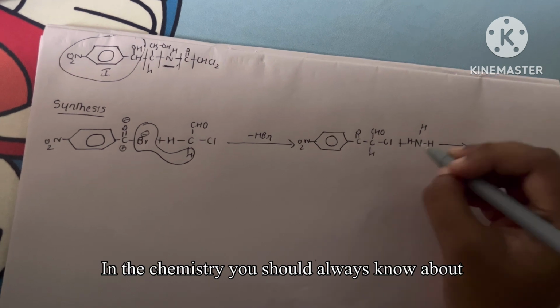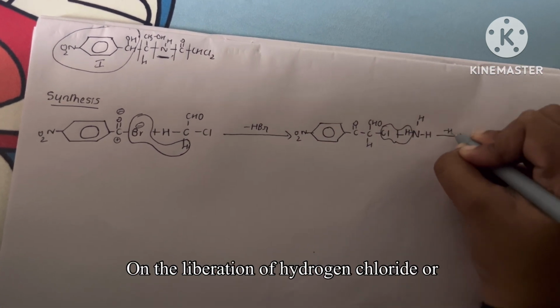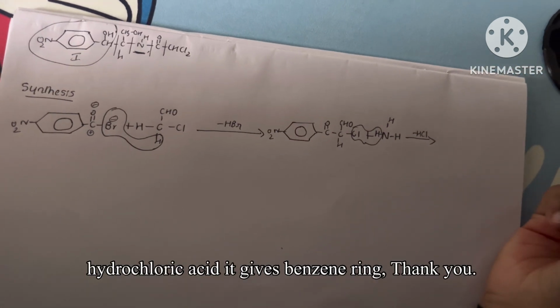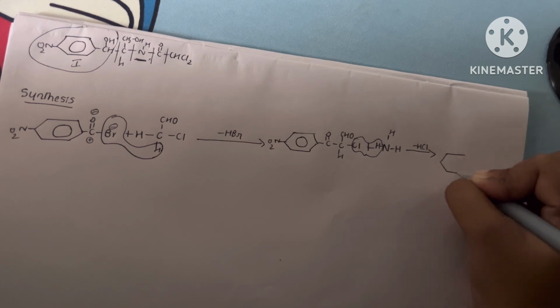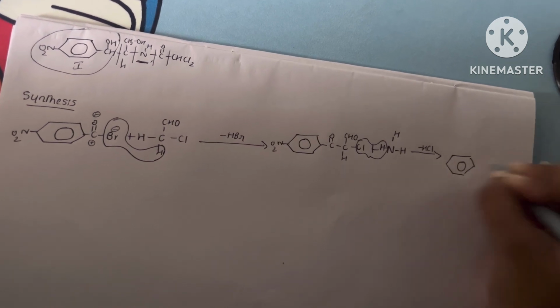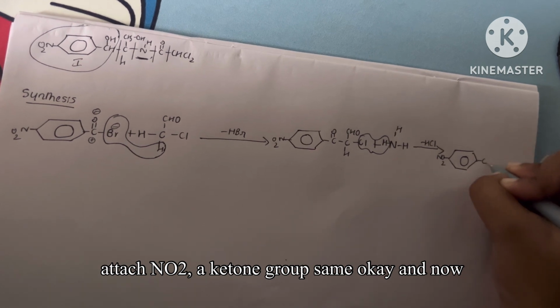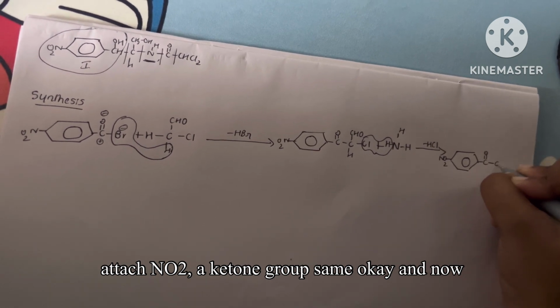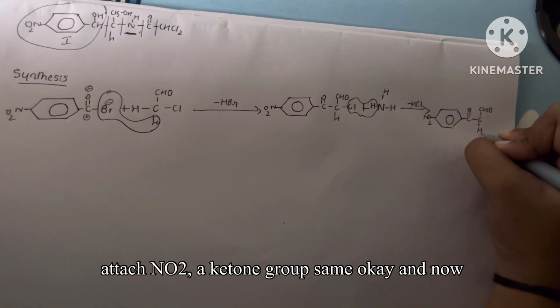In chemistry, you should always know about the valence electrons. On the liberation of hydrogen chloride or hydrochloric acid, it gives a benzene ring attached to NO2, a ketone group, same.